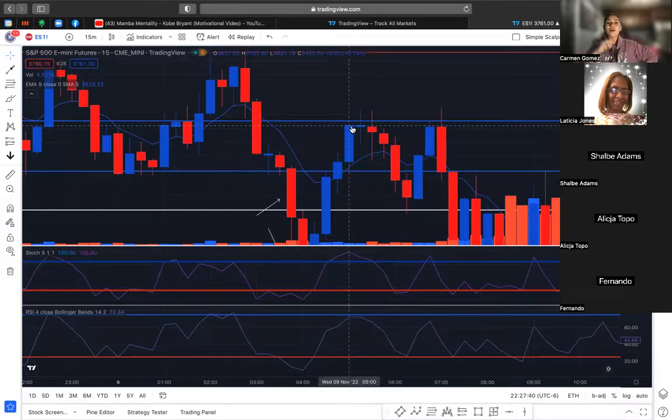This lets me know, guess what? Price is resisting. I'm getting my trigger fingers ready for a potential sell idea. So then coming in here, I'm going to wait for the close.